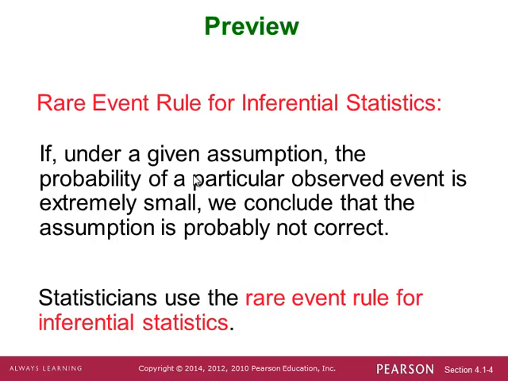But it really is a rather small probability of getting only 11 heads and 89 tails if that really was a fair coin. Way less than a 5% probability. So we would probably come to the conclusion that the assumption that that coin is a fair coin is probably not right. So that's an example of the rare event rule.